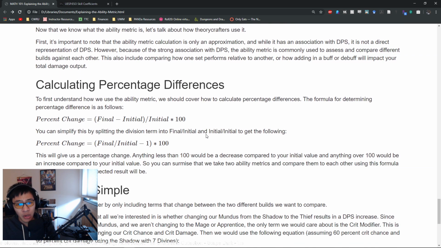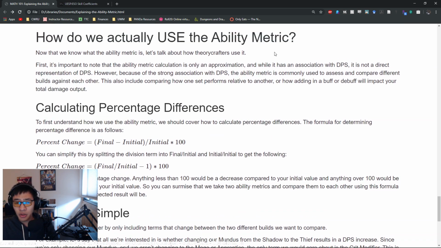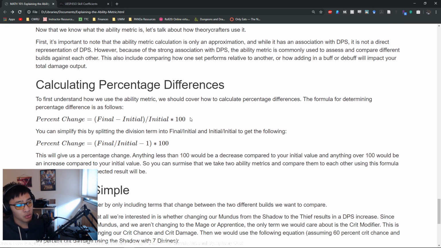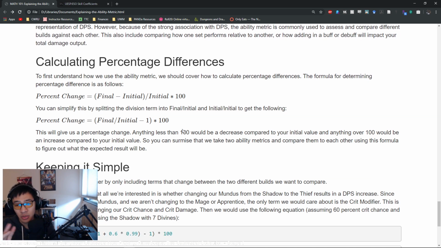One thing that we do with ability metric is use it to calculate percentage differences. Basically, we take two different scenarios, calculate the ability metrics, and then compare them to each other. The percentage change is final minus initial, this entire term divided by initial, times 100. If you do a little bit of algebra here, you can divide out initial across these two terms.